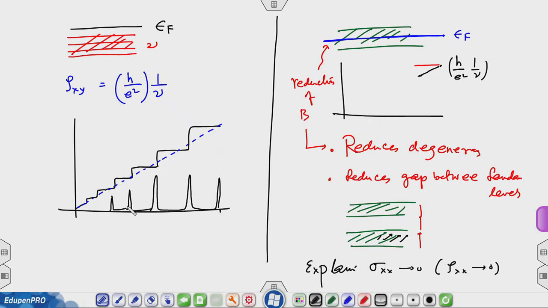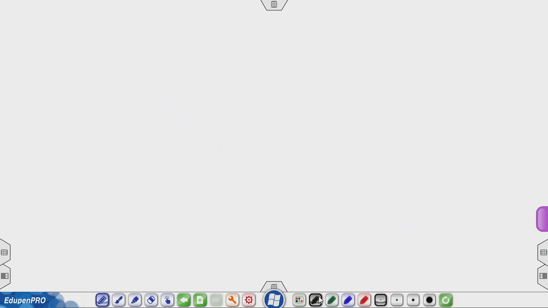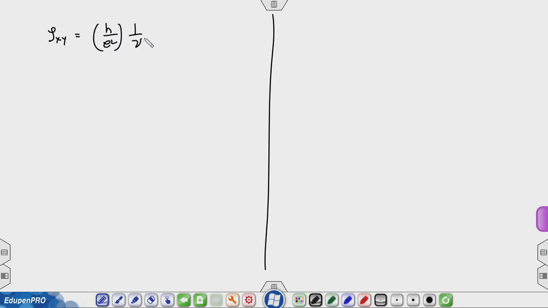So, that is also explained. So, rho x y equals h over e square 1 over nu, and sigma x x is explained.